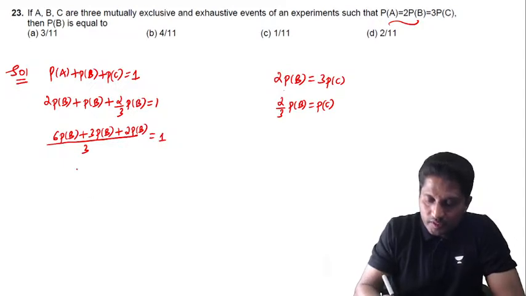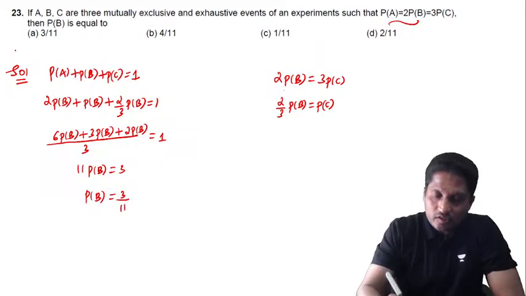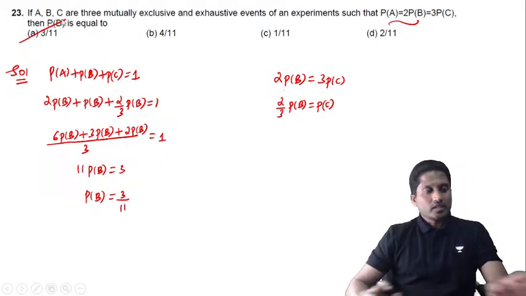Now 6 plus 5 is 11. 11P of B is equal to 3. Now P of B is equal to 3 by 11. Answer is option A. Is it clear, guys? Take the sum of all probabilities and then simplify, you will get the answer.